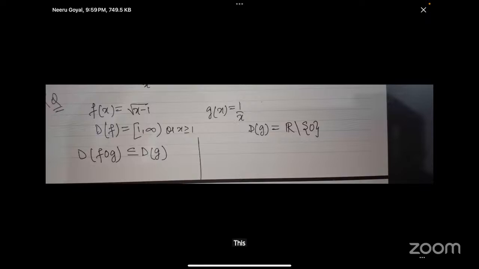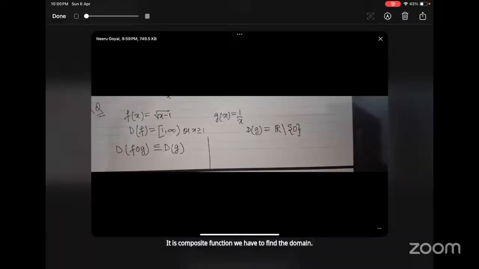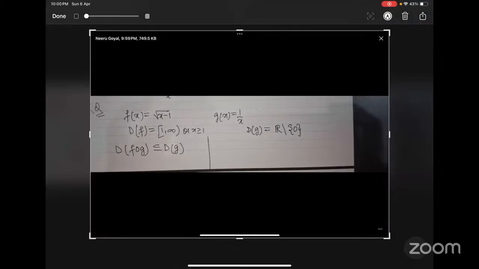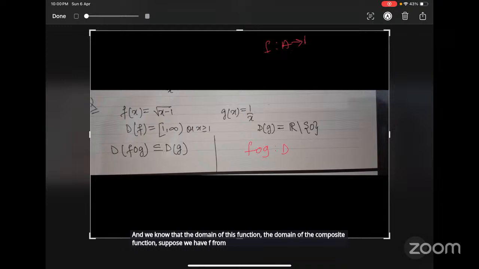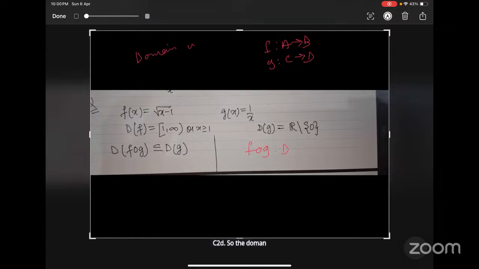This one? It is a composite function. We have to find the domain. We have the composite function f compose g, and we know the domain of the composite function: suppose we have f from A to B and g from C to D. The domain of f compose g is the subset of C such that the range of g is a subset of A, right?